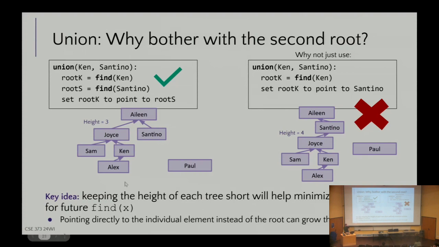Again, returning to our example here, if I had just found Ken and then pointed Ken directly into Santino, like I had found Joyce was Ken's overall root, and I just plugged her into Santino without even bothering to find out where Santino is, look at how much taller this has now. 1, 2, 3, a height of 4, versus the way I did it previously, that had a height of 3. So I am going to find both of their overall roots, and that way I can make sure that I point directly to the overall root and not the other thing I was just trying to mash it into, because I'm trying to keep the tree short.